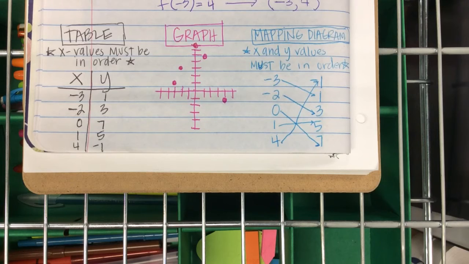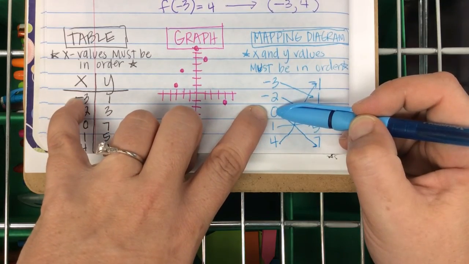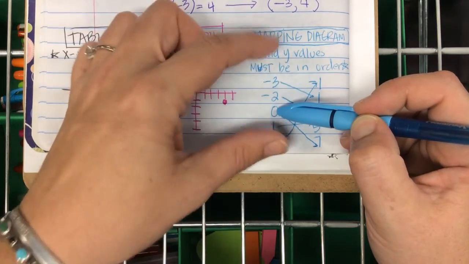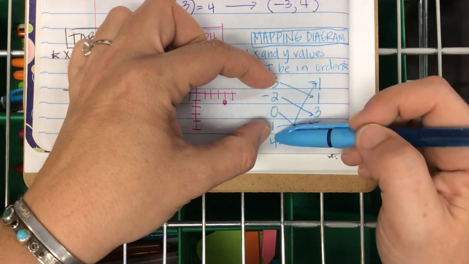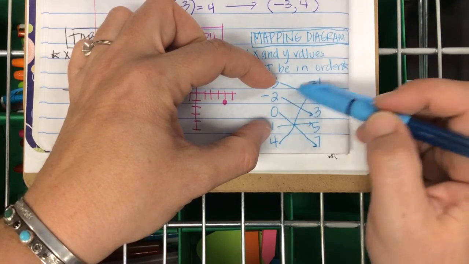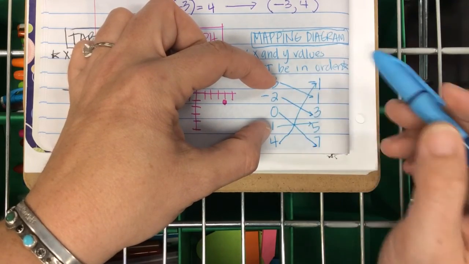Now, if you had a number that had two answers, like you had -2 and then another -2, you'd only write one of them. So you'd reduce, you only write duplicates one time. And then you can draw 2 arrows to the same number, that's fine. Or 2 arrows to different numbers.